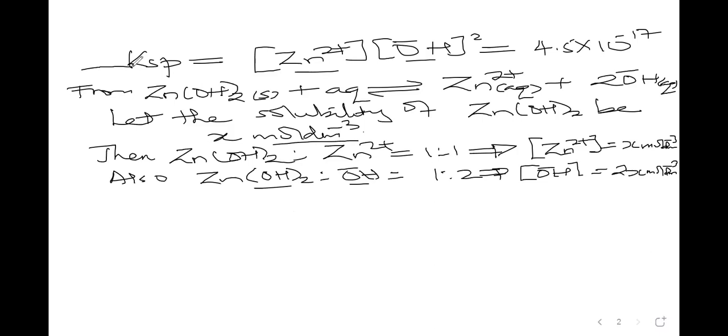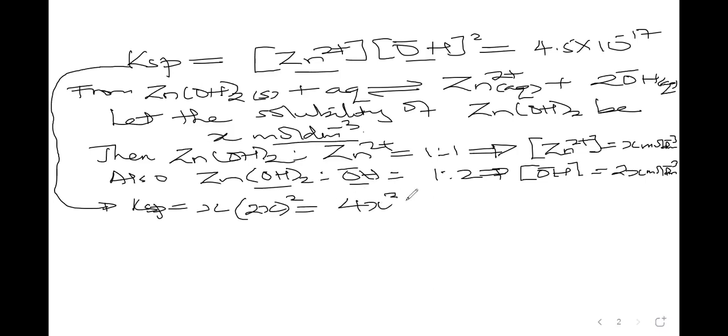This implies that our Ksp expression now becomes Ksp is equal to the concentration of zinc ions, X, multiplied by 2X squared, which is equal to 4X cubed, which is all equal to 4.5 times 10 power negative 17.